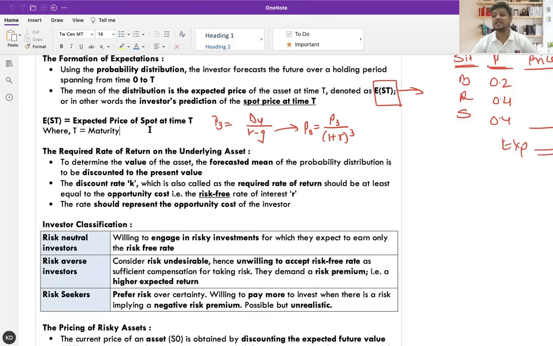This is where your revision is essential. CAPM, the capital asset pricing model: RF plus RM minus RF into beta, isn't it? Cost of equity, or the required rate of return on equity, is nothing but RF plus the risk premium, that is RM minus RF into beta. That is going to be your discounting rate.